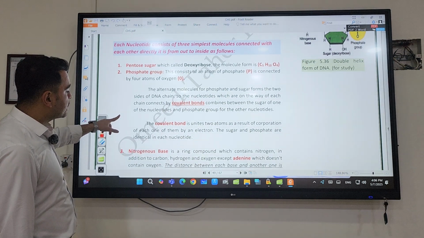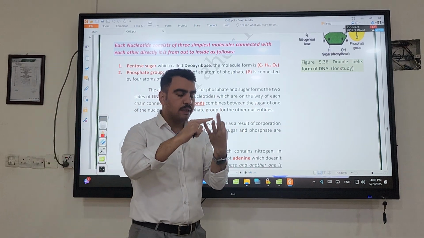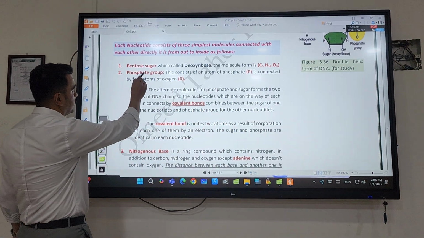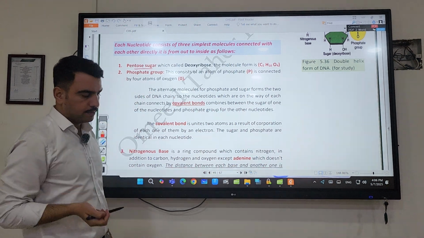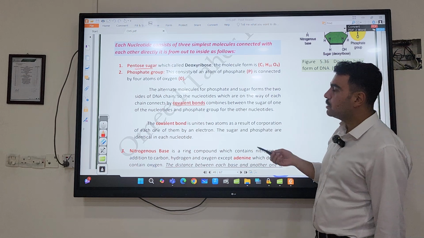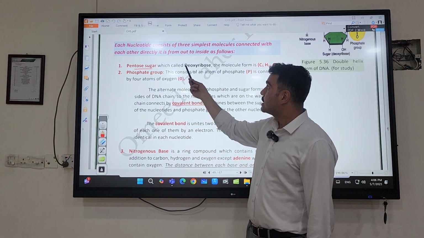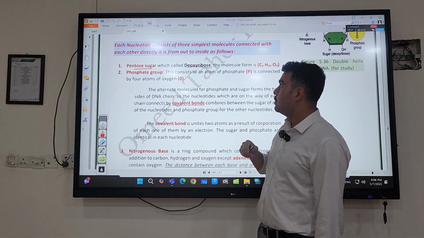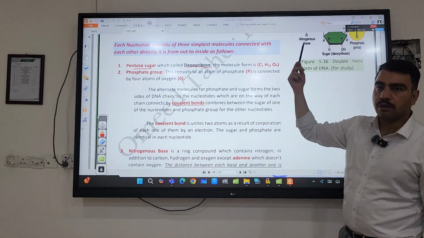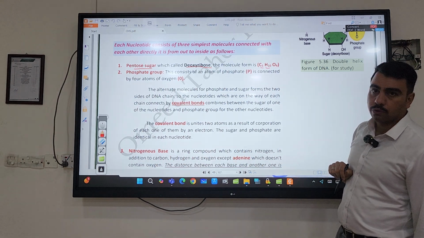If we study the structure of DNA, we have three main chemical components inside it. First is pentose sugar, a carbohydrate, which is called deoxyribose. The molecular formula of the sugar is C5H10O4.